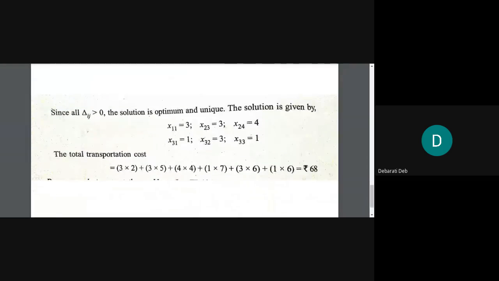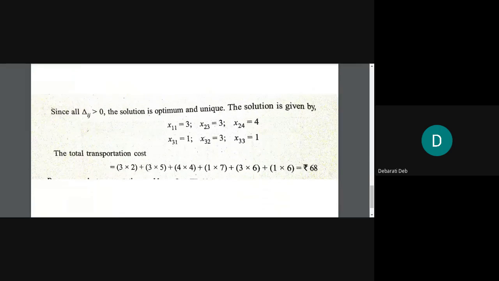Whether the numbers that we have written at the right hand side corner of each of the unallocated cells are positive or not. If it is so, then we can say that the solution was optimum. All right. So this is it.